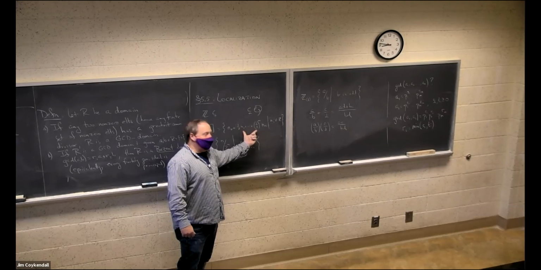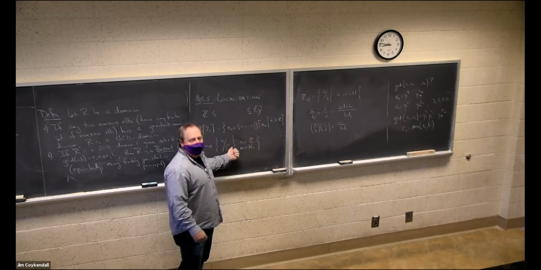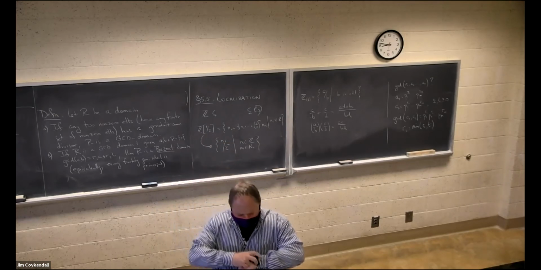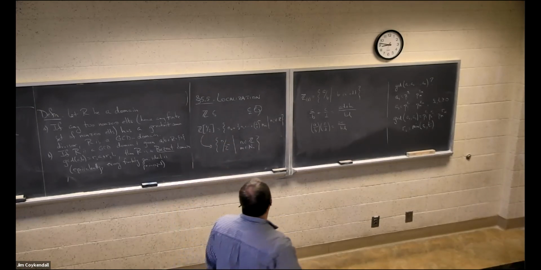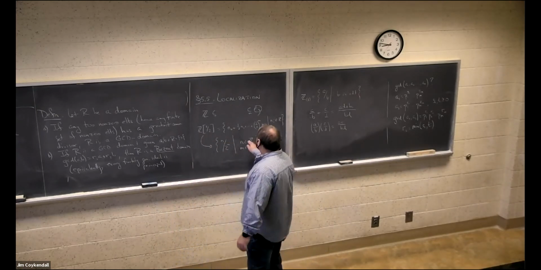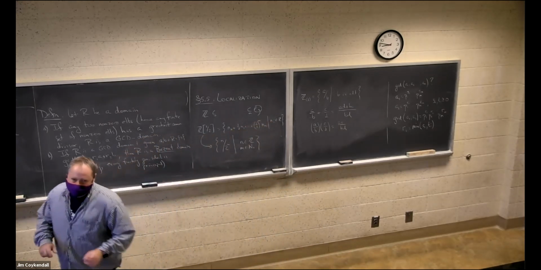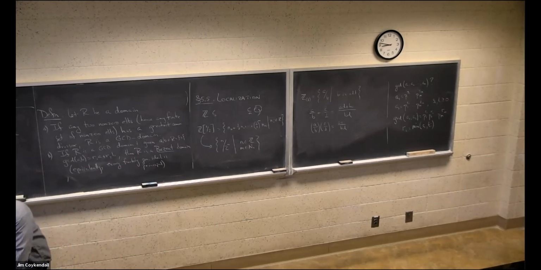For example, the largest power of 2 in the expression is 2 to the m, so I can write the sum over 2 to the m. Notice that this one has a similar flavor. I've taken my old friend, the integers, and now I've just allowed a set of denominators. And here, instead of being odd, it's exclusively the powers of 2.